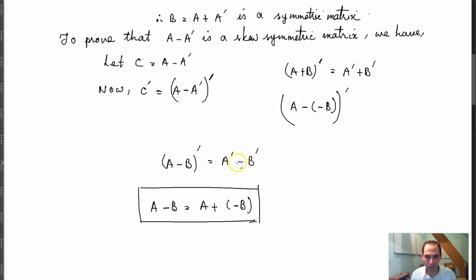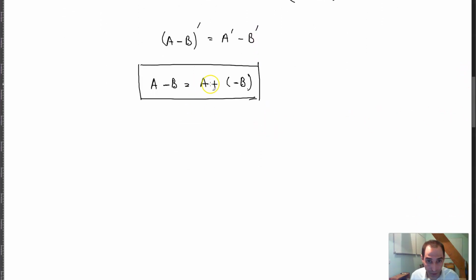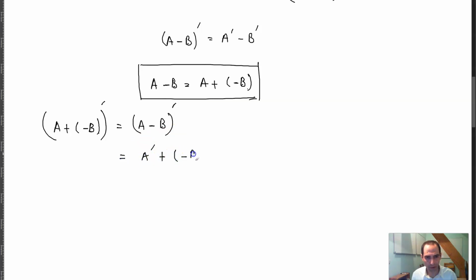So let me start with the right. If I say that A plus negative B whole transpose is the same thing as A minus B whole transpose, and that is of course equal to A transpose plus negative B whole transpose, and that is equal to A transpose plus negative of B transpose, which is equal to A transpose minus B transpose.